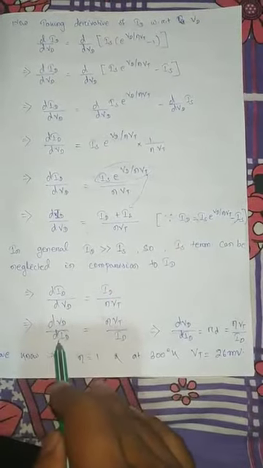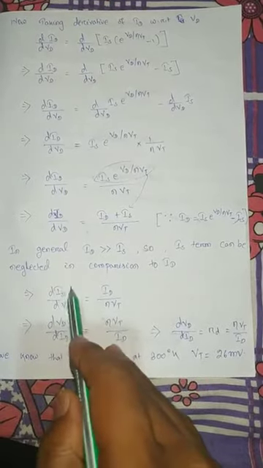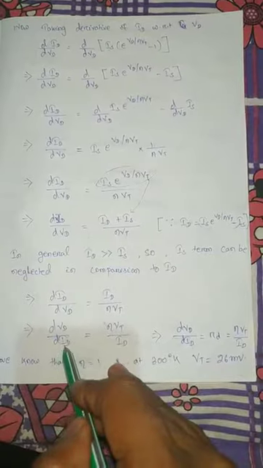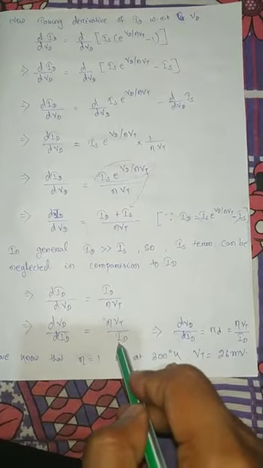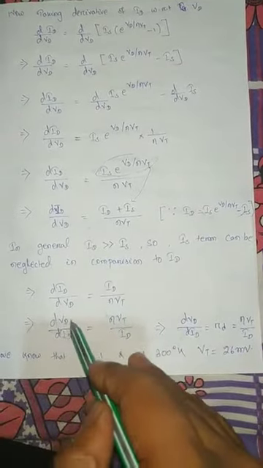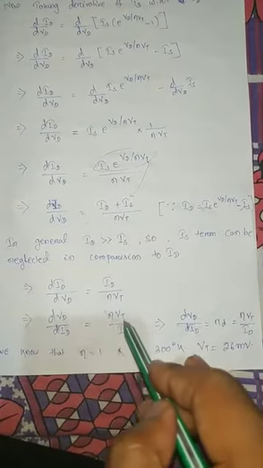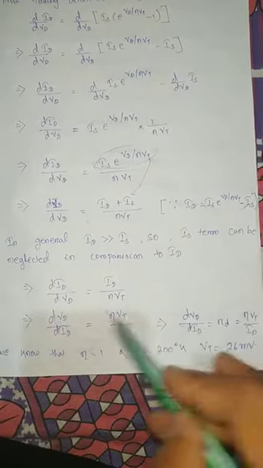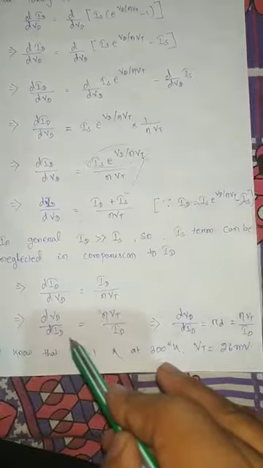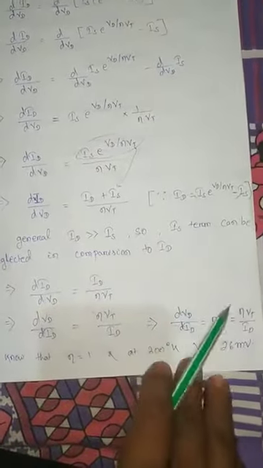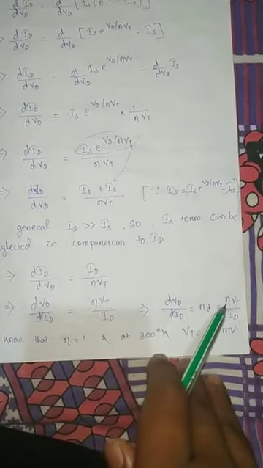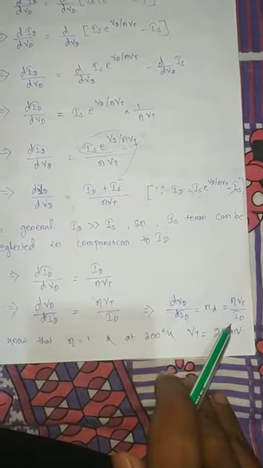Now reversing the terms, taking the reciprocal of the LHS and RHS, dVd/dId equals eta Vt divided by Id. We know that R equals V by I, so the diode dynamic resistance dVd/dId equals Rd equals eta Vt divided by Id.